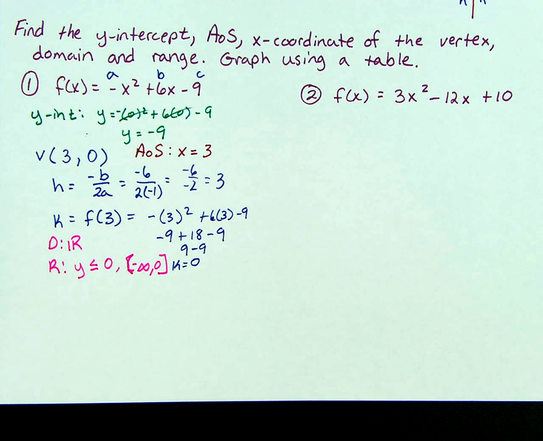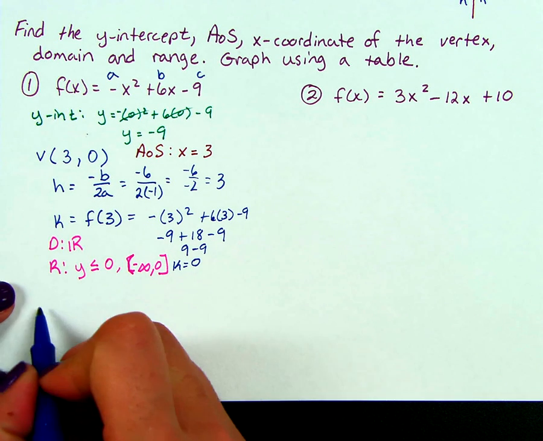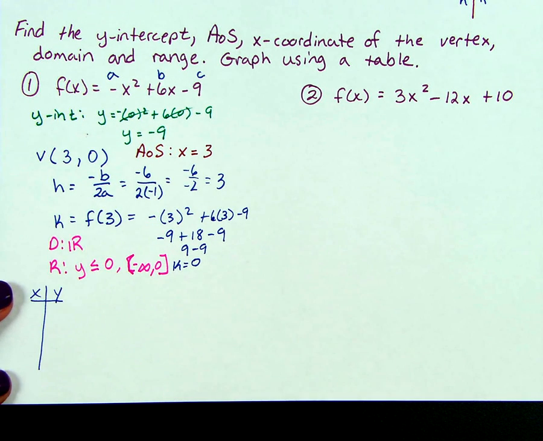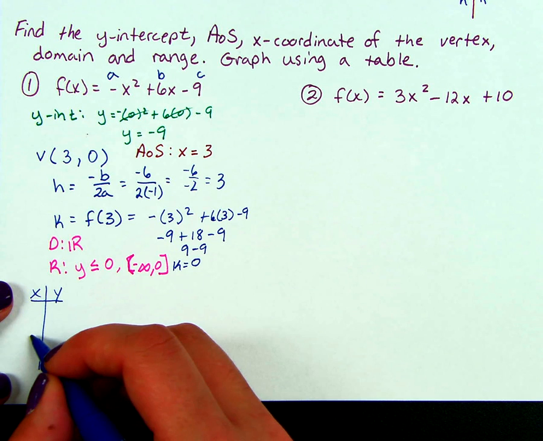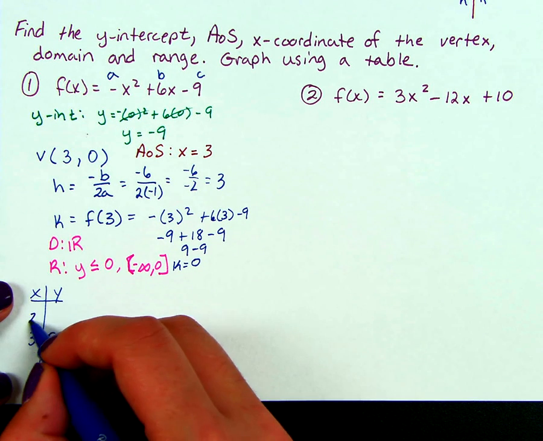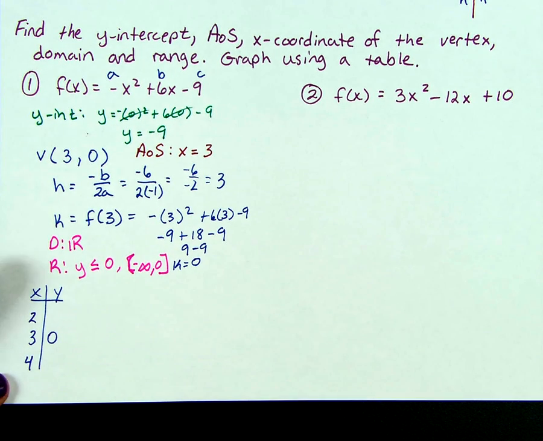And then to graph, we're going to want to make a t-chart. Our vertex goes in the middle, so 3, 0. And then I'm just going to choose 2 and 4 for my x values. Now we're just substituting those into our equation and simplifying.